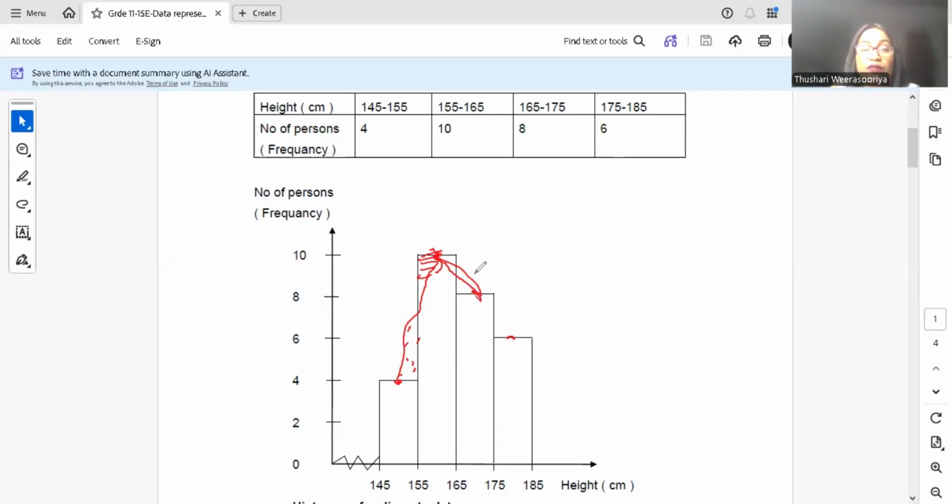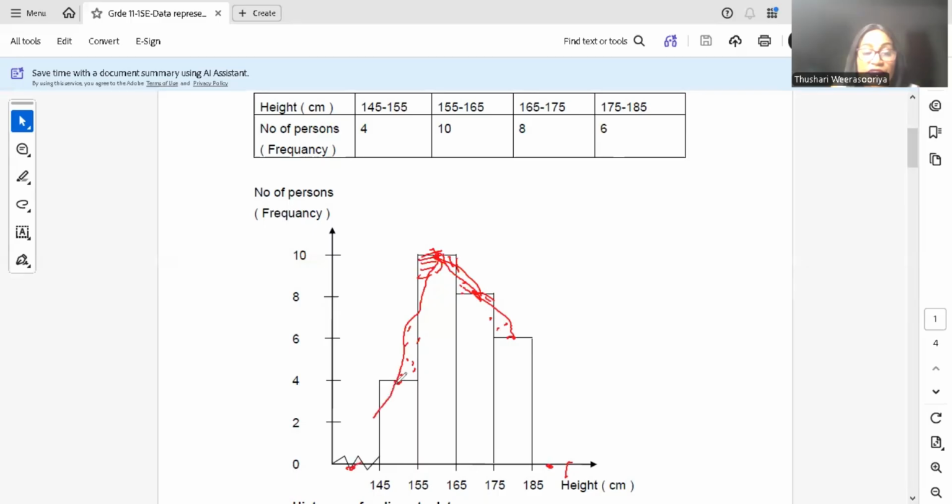The drawing part is not that good. You cut this and add the dotted part. There you get a polygon. Since we are using the frequencies, we call that a frequency polygon. Then you cut this and add this. Here, if you take 2 by 2, two squares gap, the midpoint is here.